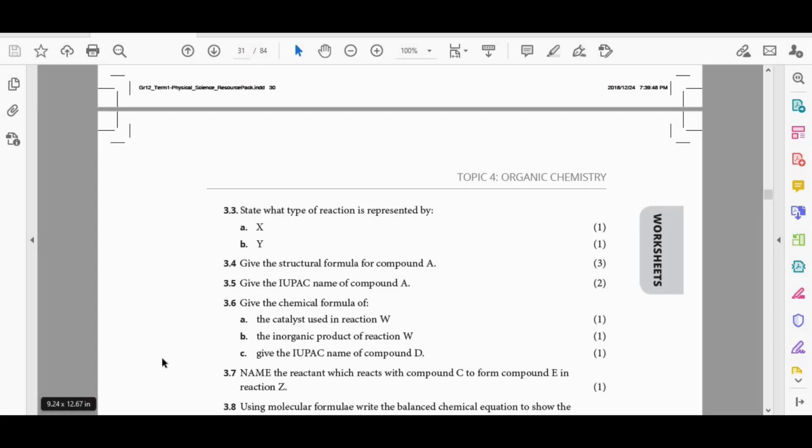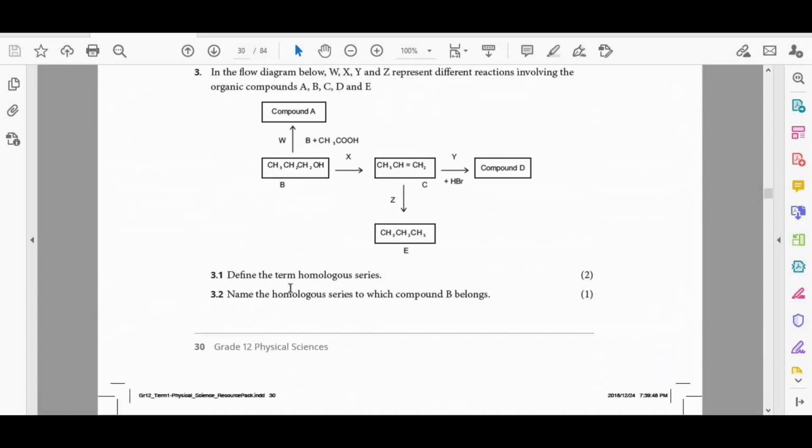Pull up the question. Give the chemical formula of the catalyst used in reaction W. Okay, so reaction W, they're not asking for the name of it, but of course we know that compound A is an ester, so therefore the reaction represented by W must be esterification.